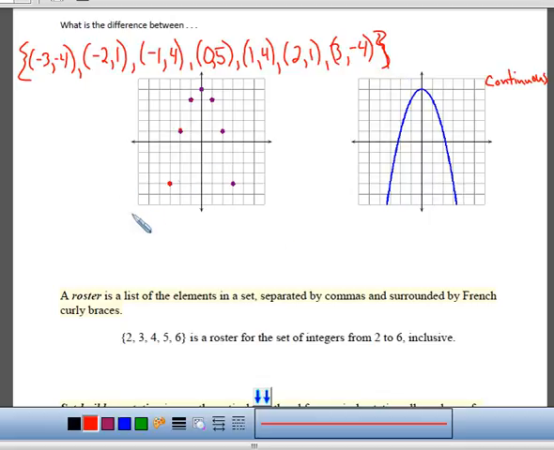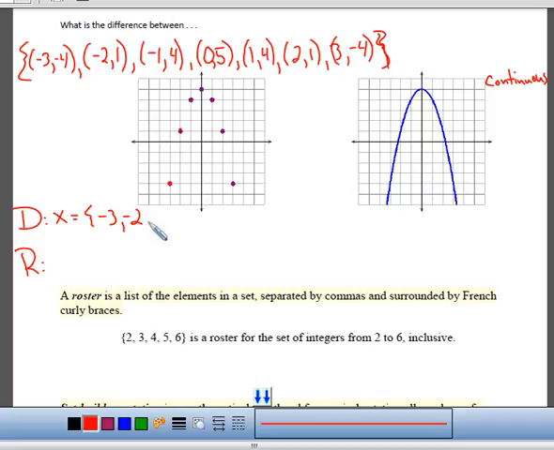Okay, so if we want to state the domain and the range for this function, for this set of ordered pairs, the domain, remember, is just all the x values. So we go -3, -2. I'll tell you what, if you want to try to do this on your own, hit the pause button and do it, and then come back and see what the answers are, and hit play again.